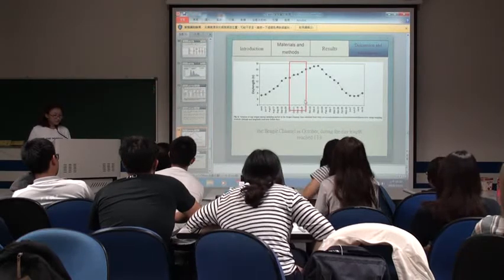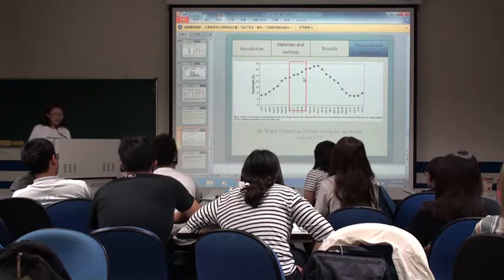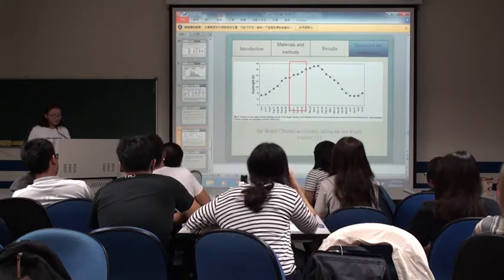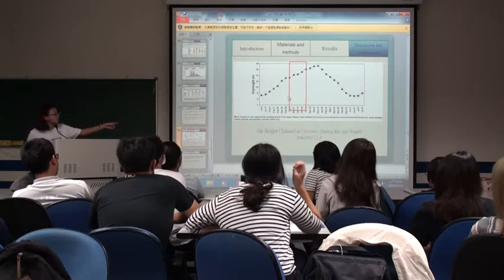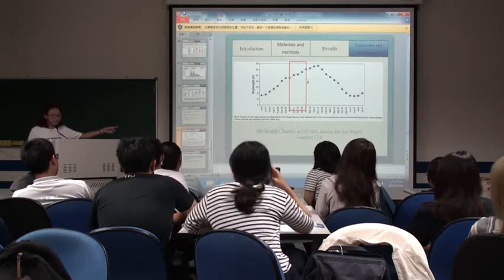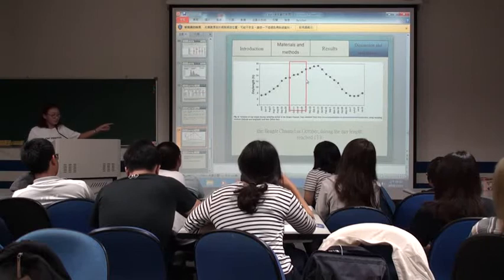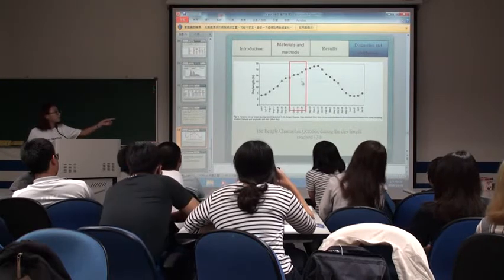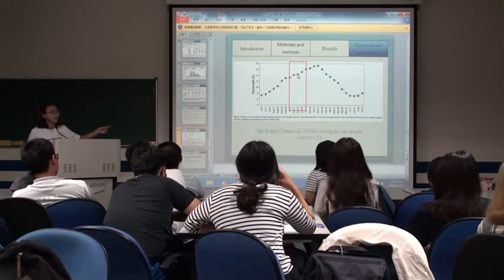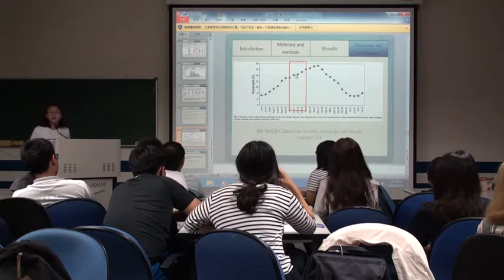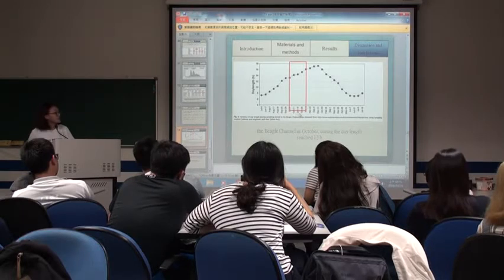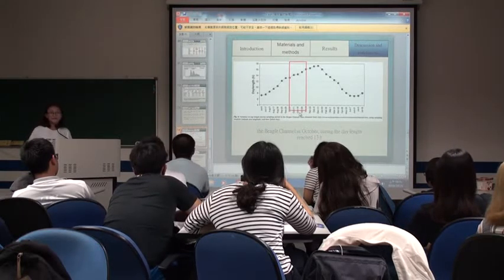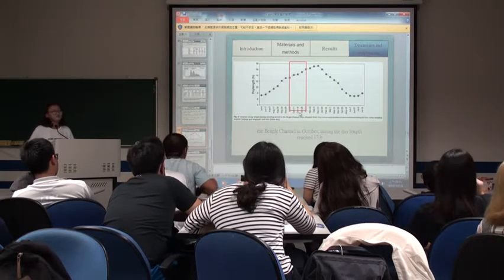Why did you circle this? I circled this just to tell everyone that in Beagle Channel in October the day length has 13 hours, nothing special. I just circled this because it's October. All right.